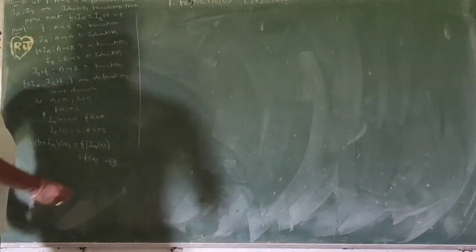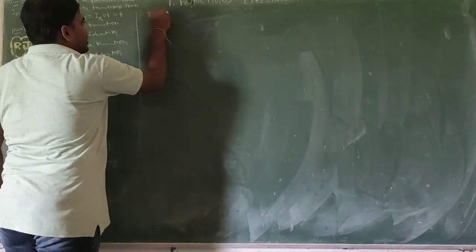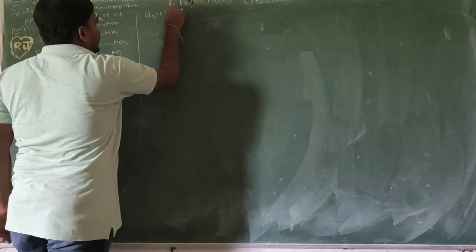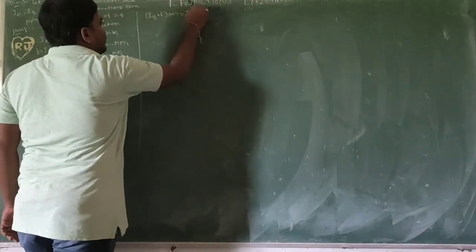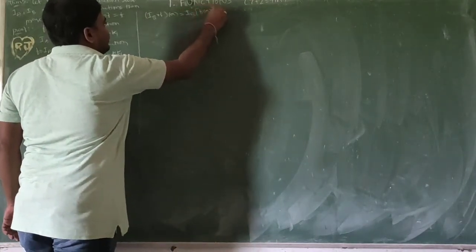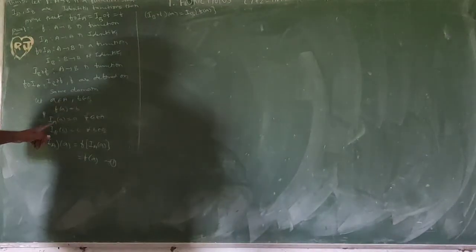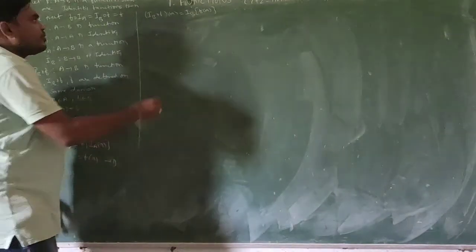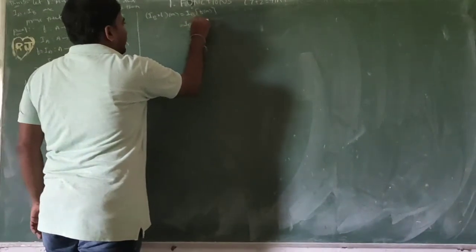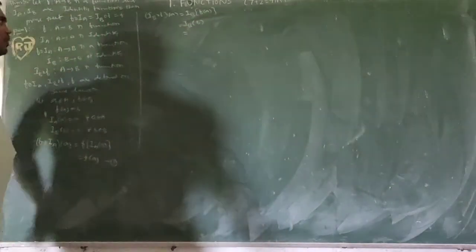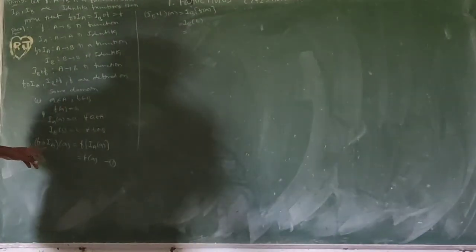Next, IB circle f of a equal to IB of f of a. By the definition of composition of functions, f of a equal to what? f of a equal to b. IB of b, what is IB of b? IB of b equal to b.